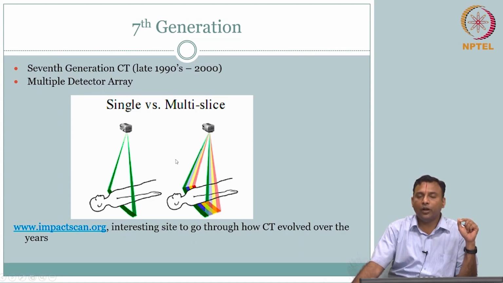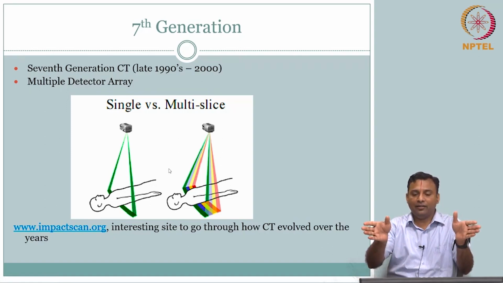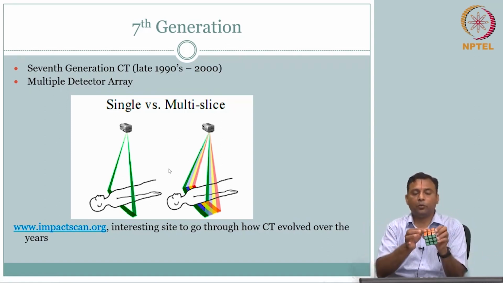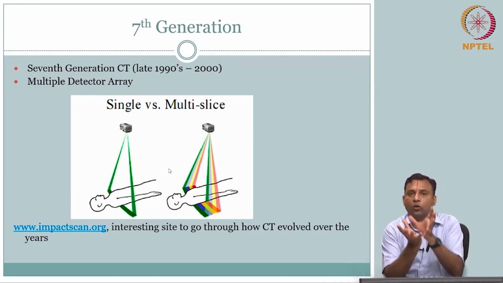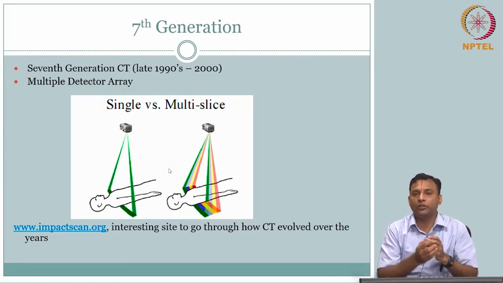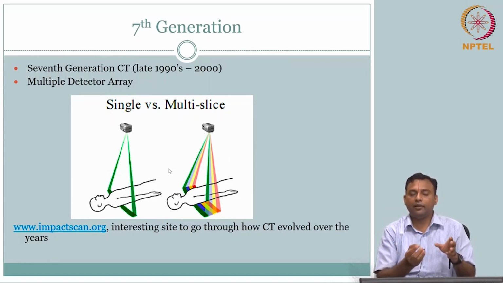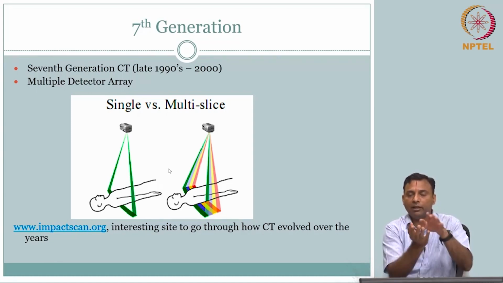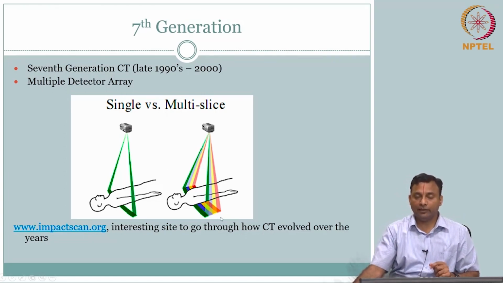The only thing you have to do is, instead of sending a fan with thickness proportional to only one detector size, remember how the X-ray tube generates a cone. It's a point source, it goes like a cone. That's how we did it in projection radiography. So here I deliberately have to make sure that the fan spreads over however many detector arrays I have.